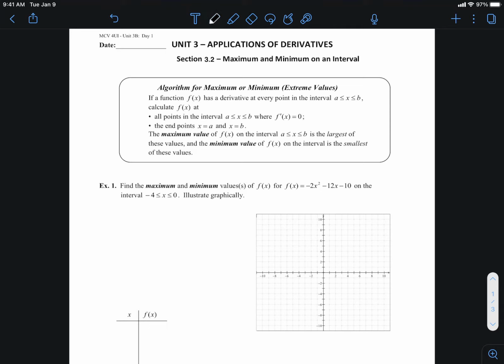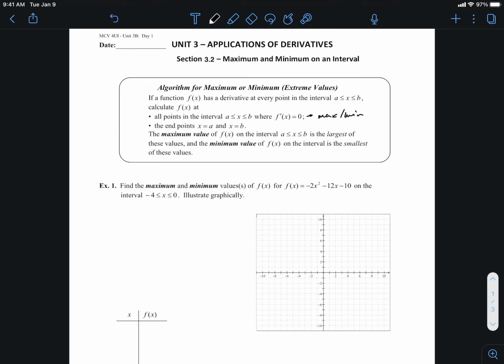So we can say all points on the interval, right? If we have a function f of x, and we know that it has a derivative, and every point on the interval, we want to find where the derivative is equal to 0. This is going to be where our maxes and mins are, right?